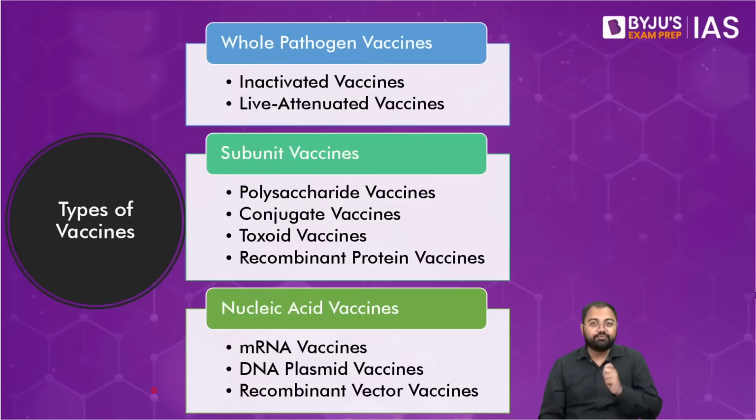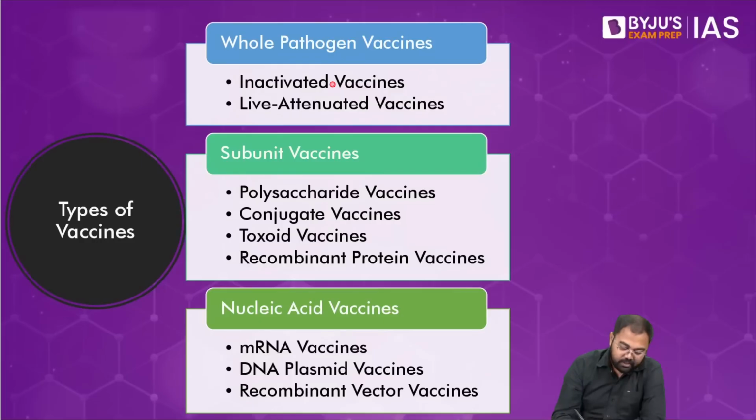It's a weakened form of the pathogen or a similar microbe or similar structure of the virus or bacteria. So either it has been killed before inserting inside the body, or it has been weakened a lot and then made to enter the body. These are called whole pathogen vaccines because the entire pathogen is being delivered to the body.